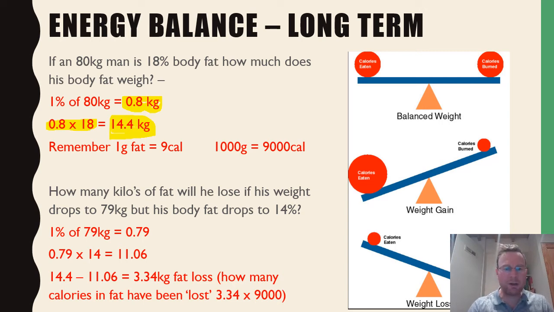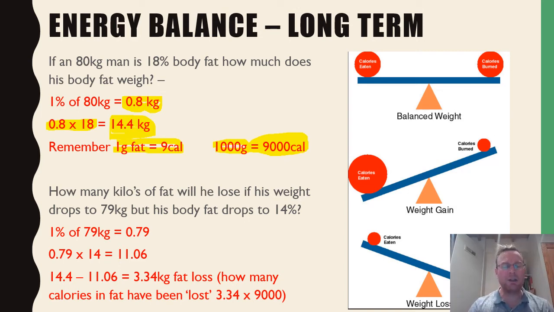I've put a little reminder here that 1 gram of fat is 9 calories. So 1,000 grams, i.e. a kilo, has enough energy for 9,000 calories. So we can imagine he's got a lot of energy in him, hasn't he? 14.4 kilos, that's not much fat, but our fat stores are a very efficient way of storing our energy.